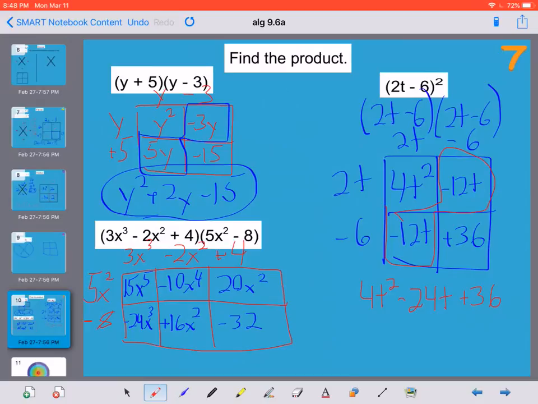The only things I can combine this time are 16x squared and 20x squared. So we'll have 15x to the 5th power minus 10x to the 4th power minus 24x to the 3rd power plus 36x squared minus 32.